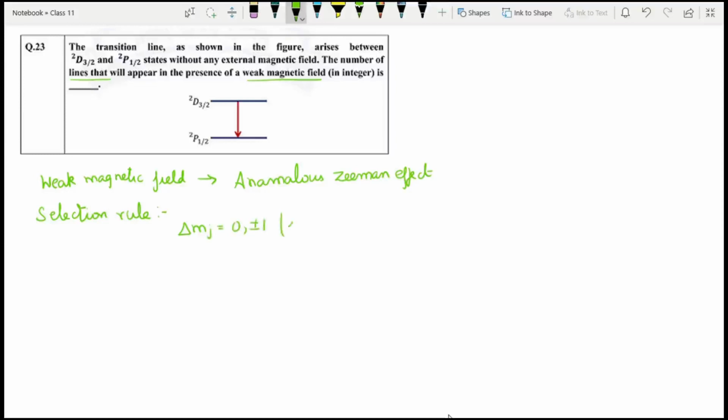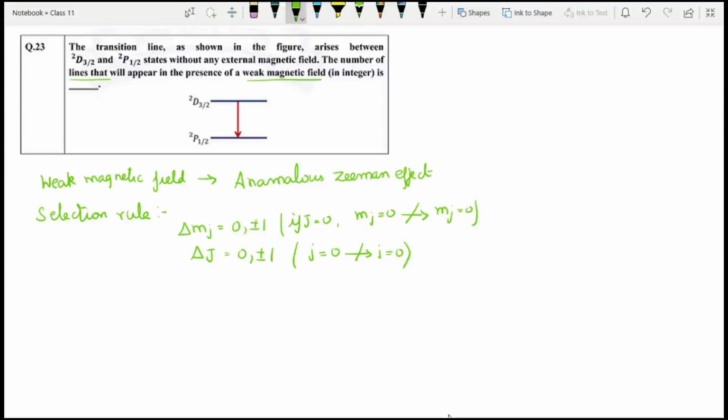And if J is equal to 0, the transition of mJ 0 to 0 is forbidden. The possible value of delta J is 0, plus or minus 1. And also J to J transition is not possible.